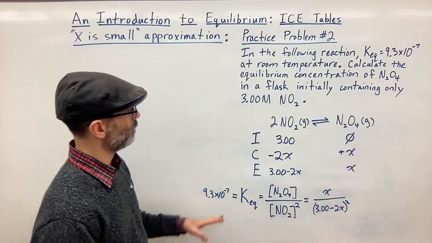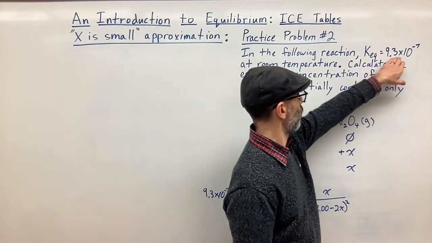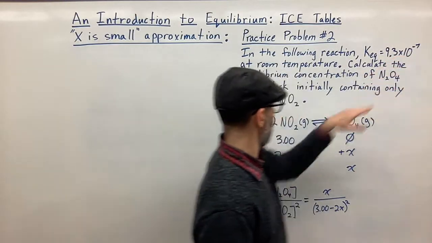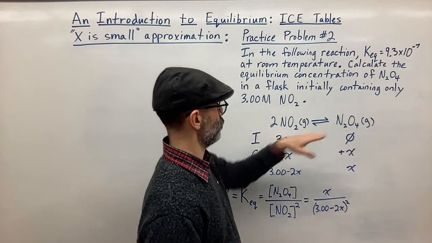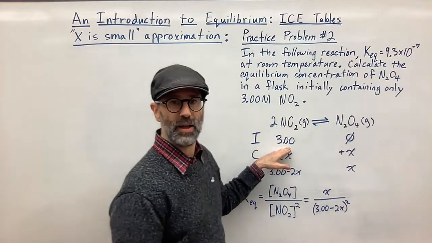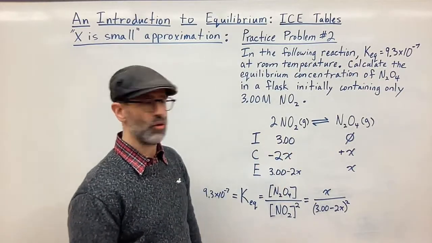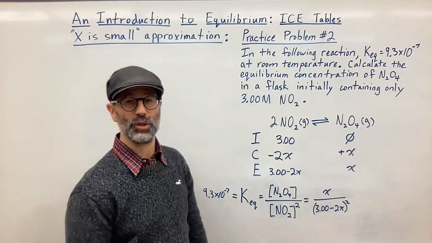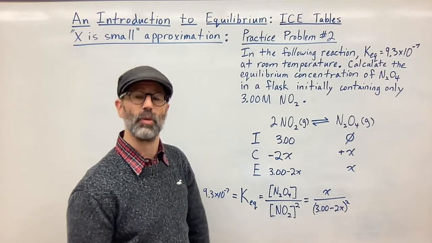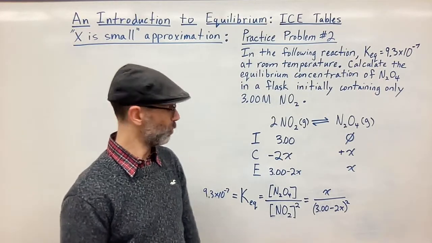So let's go ahead. The factor here is well more than 1,000. I'm going from 3 to 10 to the negative 7, so that's a very large difference. This means that X is going to be really small, and so we can ignore it, but we'll have to check it with the 5% rule.